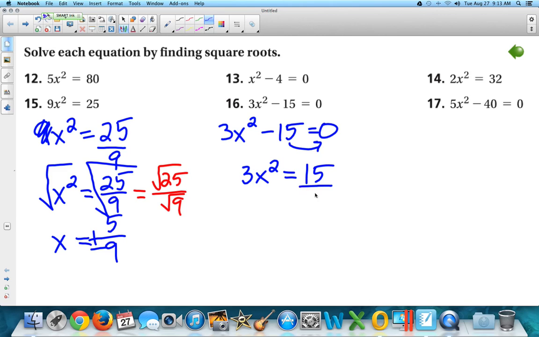I now have to divide by 3. So x squared comes out to be 5. Take the square root of both sides. And x comes out to be plus or minus the square root of 5.